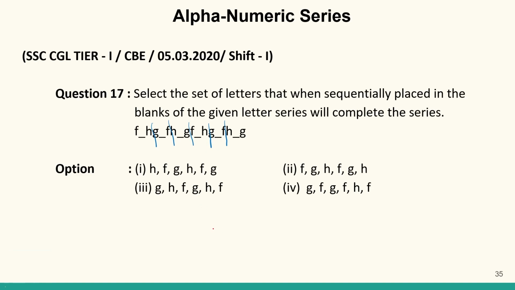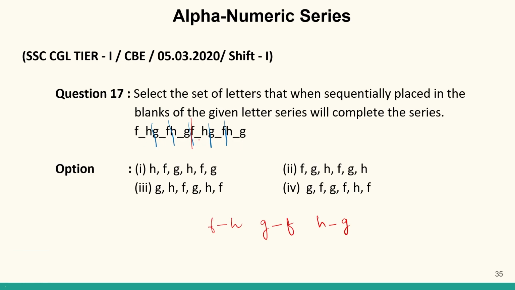That means F dash H, G dash F, H dash G. Then again, F dash H, G dash F, and H dash G. So I can also break it from this position. So there are two ways to break this.